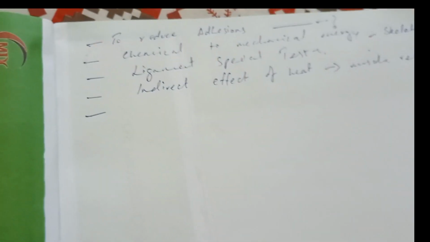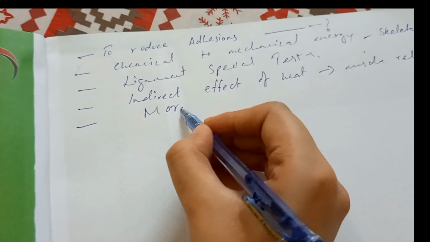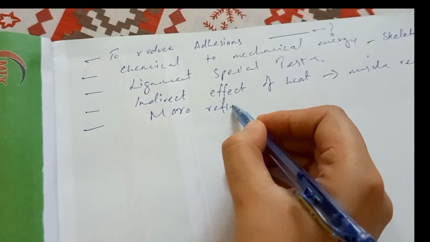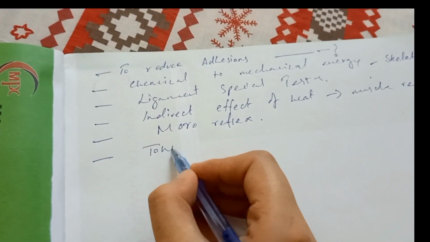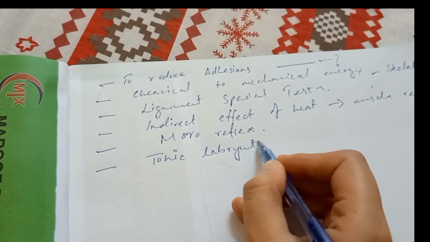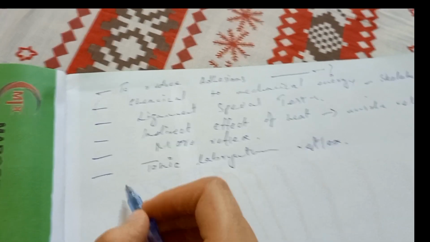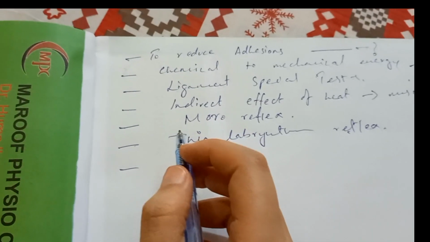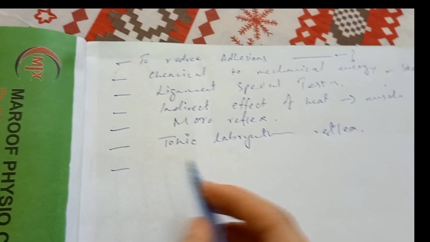The next one was Moro reflex. These are all discussed in my pocketbook also. Then it is tonic labyrinthine reflex, also discussed in my pocketbook. Then there was the plane and axis of abduction adduction.